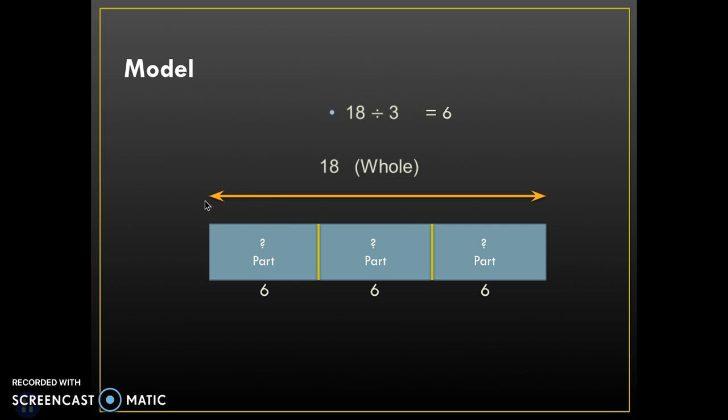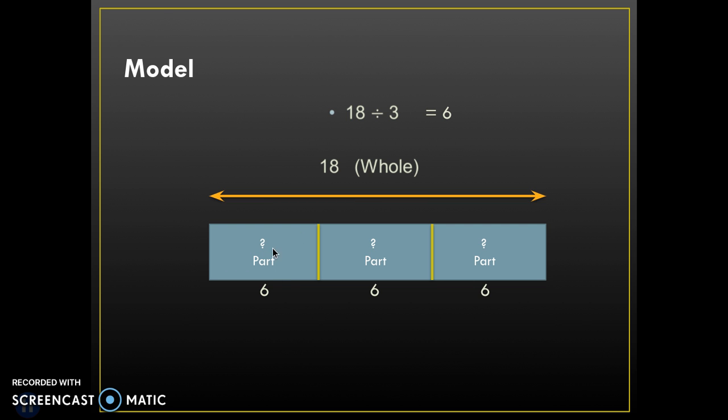This arrow represents the whole number that we're starting with. We have 18, so we don't have more than 18. And the problem is asking us to divide that into 3 groups. It's wanting us to decide how many are in each group.